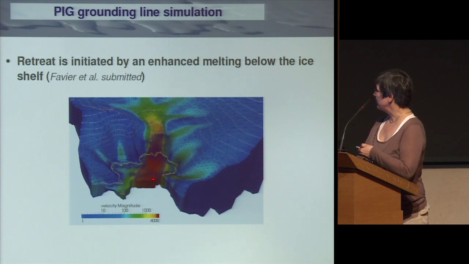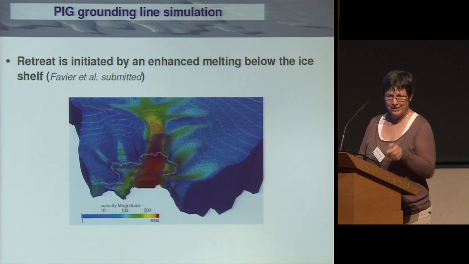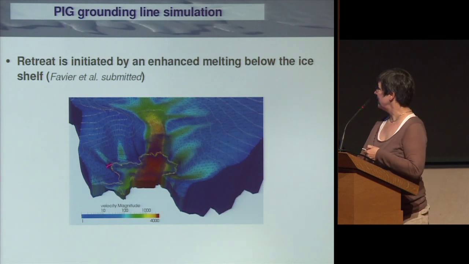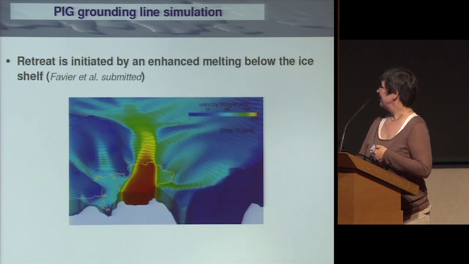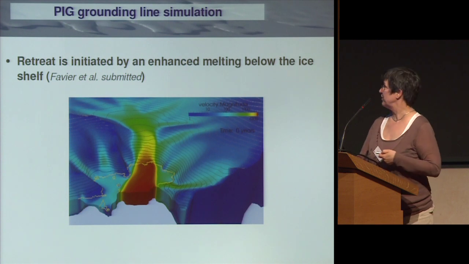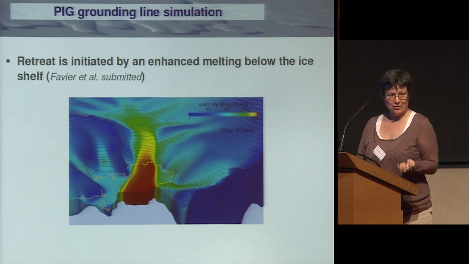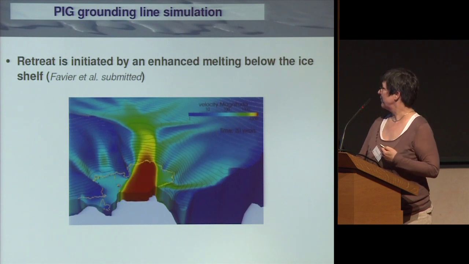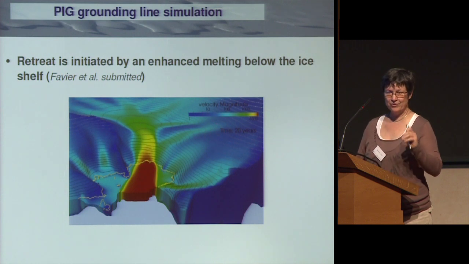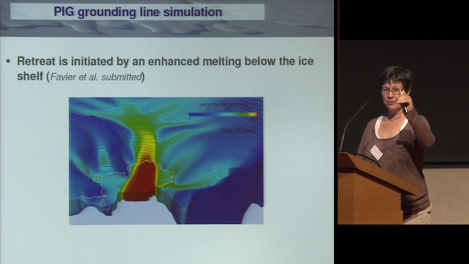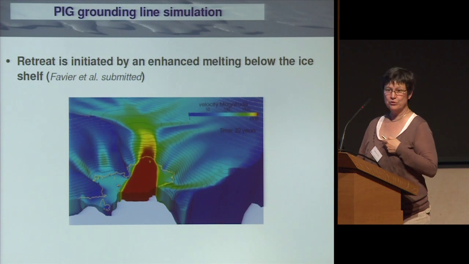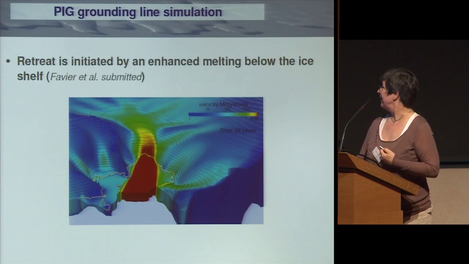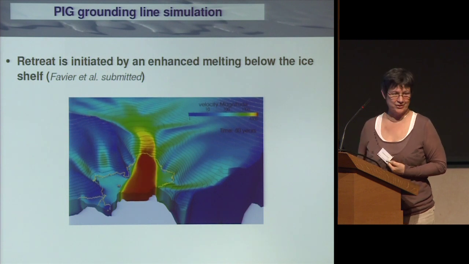This is a grid of the model. You see it's very small in the surroundings of the grounding line. The white line is the grounding line. Starting from the present situation and having a little bit more melting at the base makes the grounding line retreat. And this is after 20 years, when the grounding line is just at a very unstable point, and in 2 years it retreats a lot, and then it stops again around here.